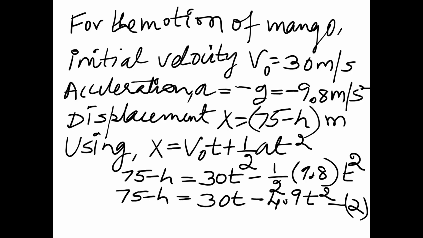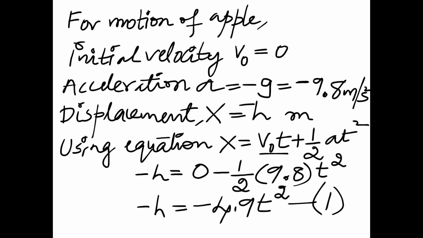Now I am substituting equation 1 in equation 2. For 4.9 t square, I will substitute from equation 1. You already got in equation 1 that minus 4.9 t square is minus h.